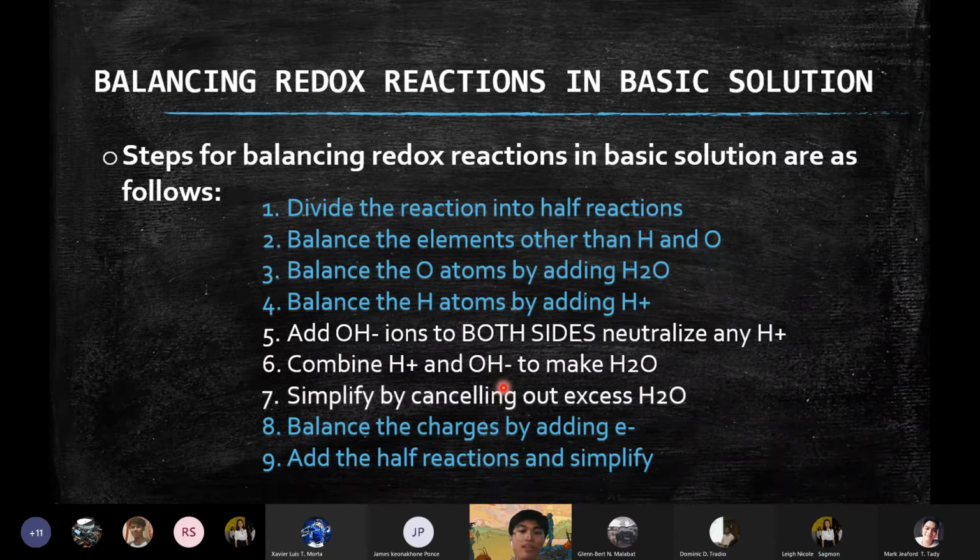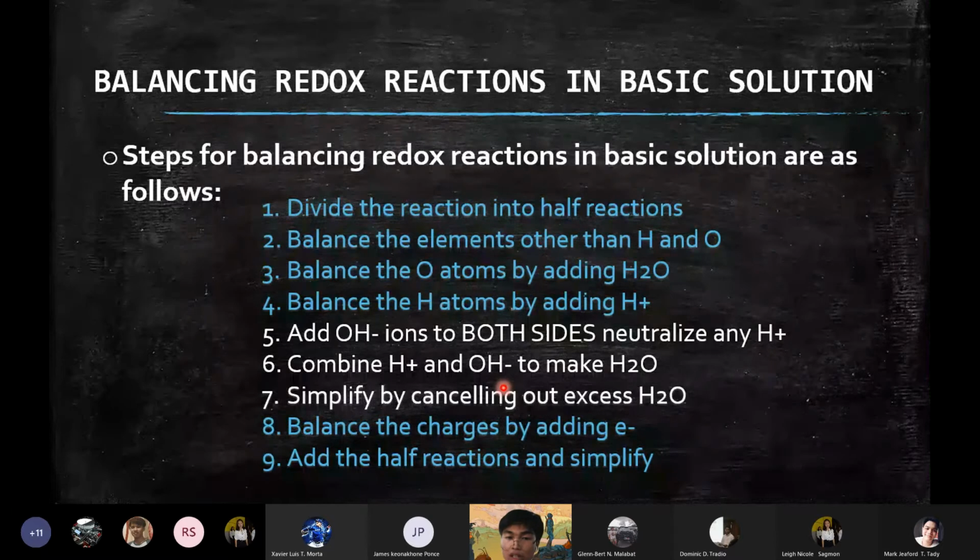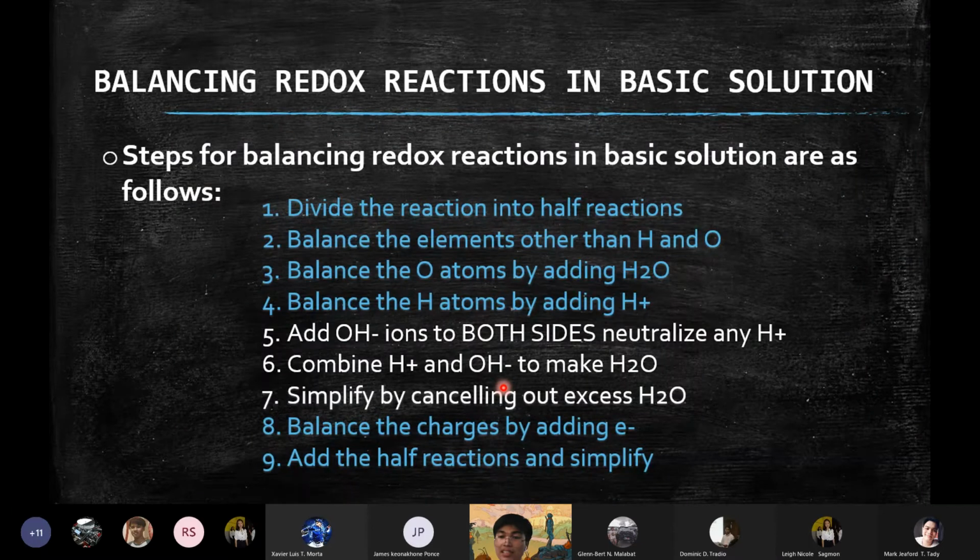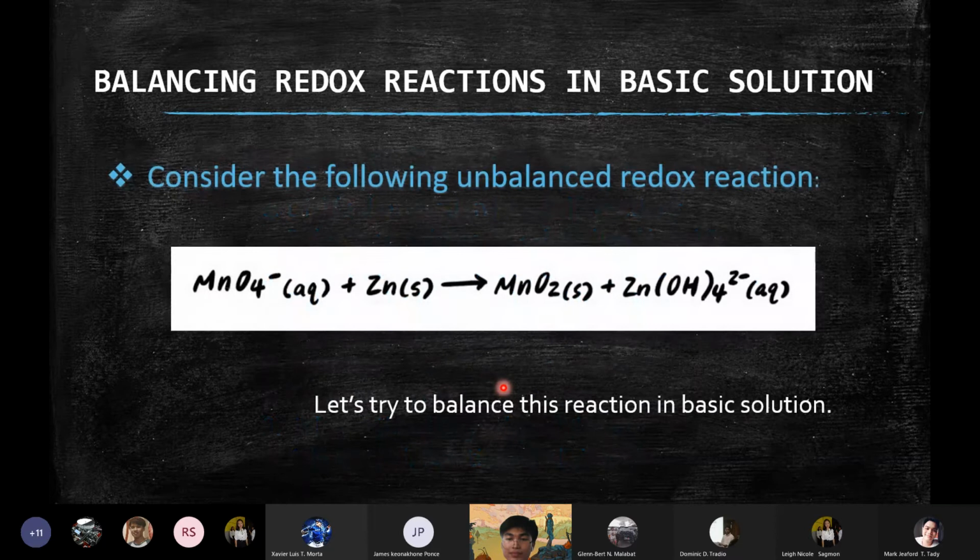After implementing steps 1, 2, 3, and 4, you need to add OH minus ions to both sides to neutralize the H plus, combine H plus and OH minus to make H2O, and simplify by canceling out excess H2O, and continue with the process. You will know later why we need to neutralize the H plus in the equation.